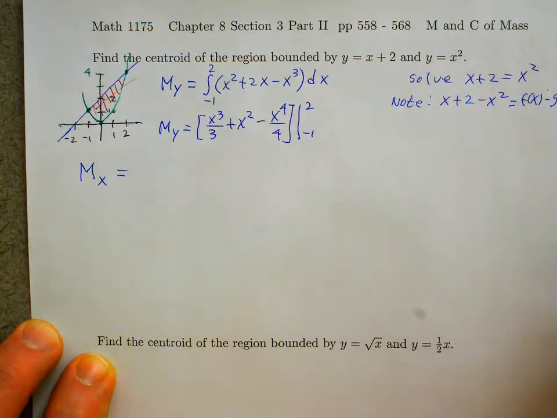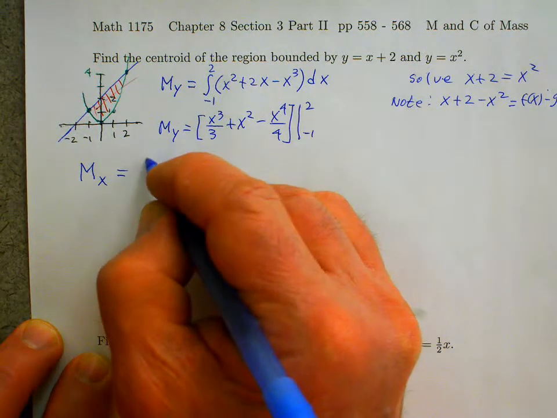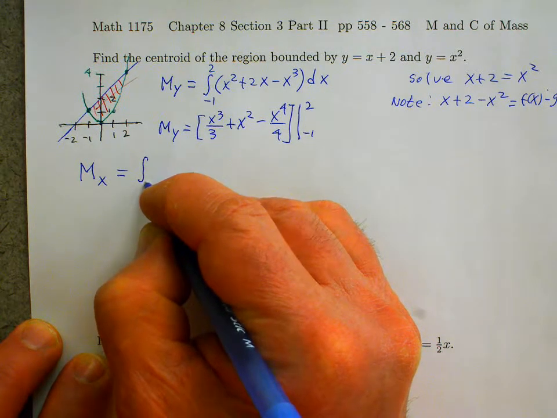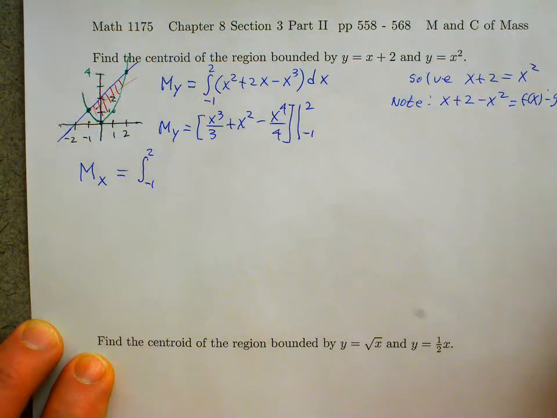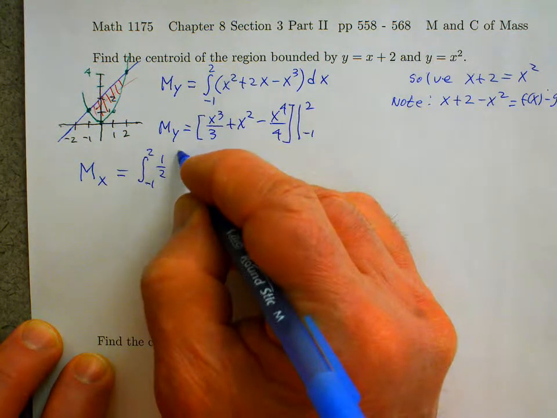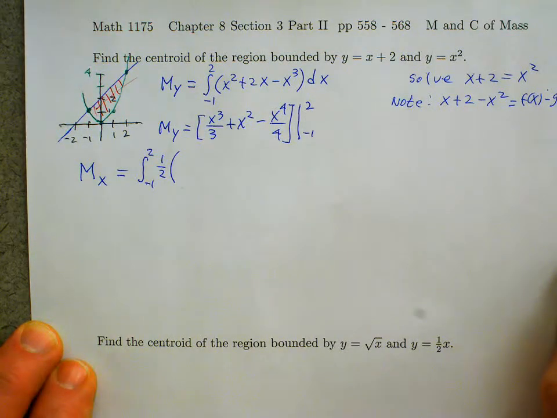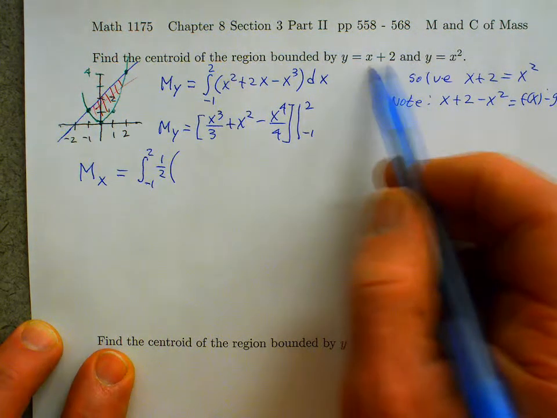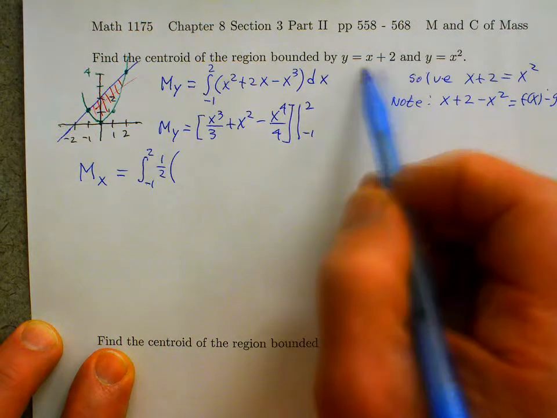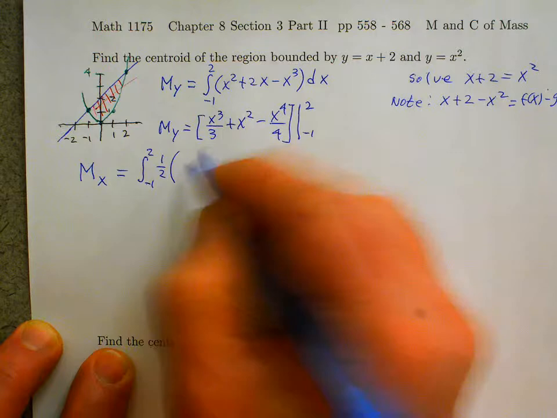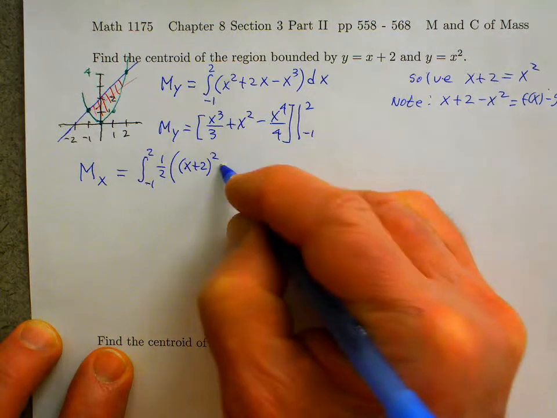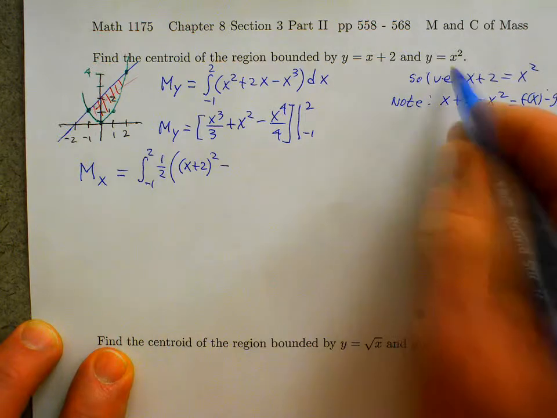This is the definite integral from -1 to 2 of 1/2 times the quantity, and I'll write it out: our f of x is x plus 2, so we square that, x plus 2 squared, and then we subtract the square of the other function.